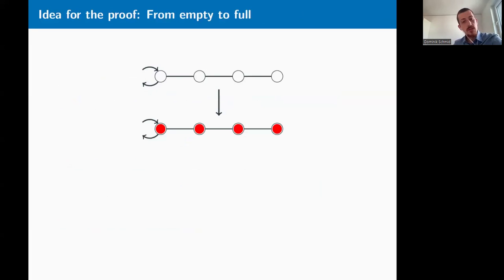And maybe what's the intuition behind this, as you can imagine maybe from the picture, and I'm going to show a simulation in a second, is you want to start off with the empty initial condition, and the mixing time is essentially the hitting time of the configuration where everything is full. And how do you get from this empty initial condition to this full configuration? Well, the only way is that your particles will enter at the left-hand side.